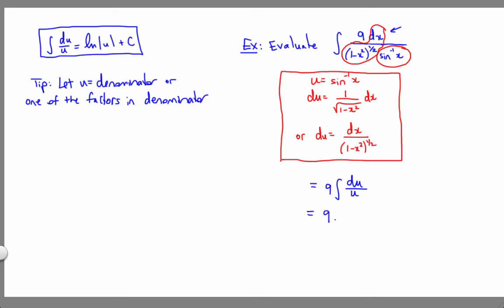So this is going to be 9 times ln absolute value of u plus a constant, and then we go back to our original variable just by saying u is equal to arcsine x. So there we have our final answer, 9 times ln of the absolute value of arcsine x plus a constant.